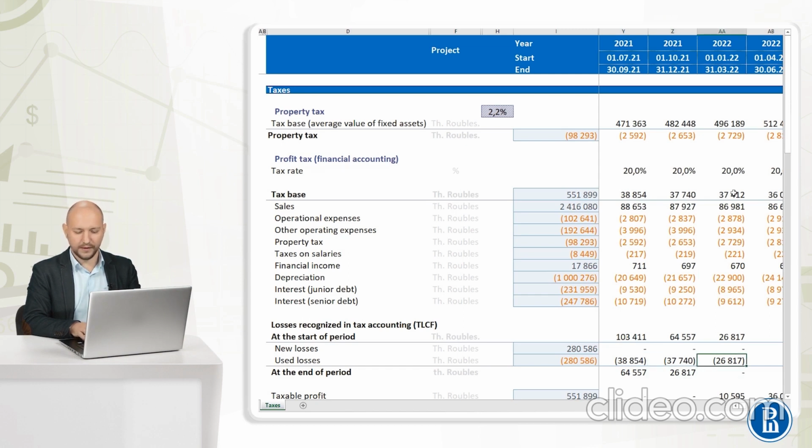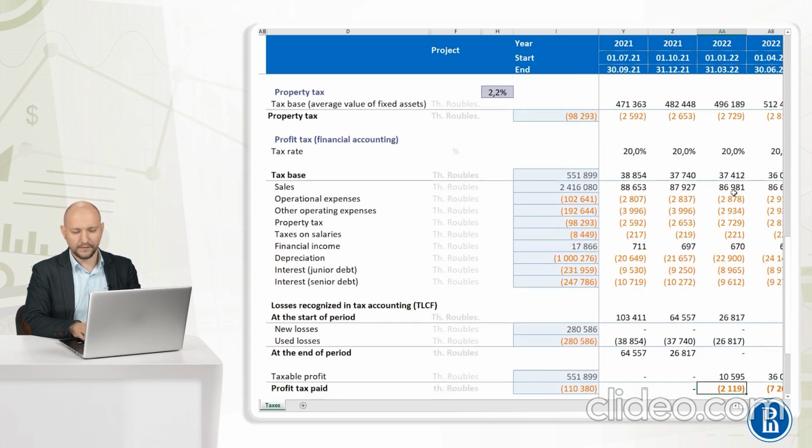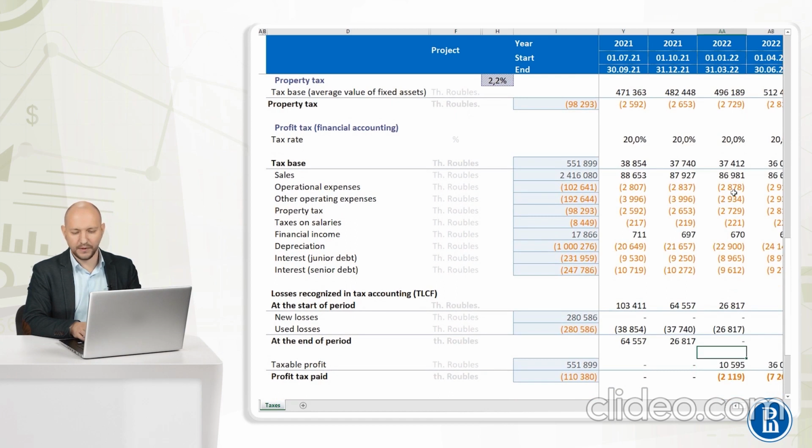We use the last amount of it, which is equal to 27 million rubles. But still, as our tax base is higher than our balance of tax loss carry forward, we have some taxes to be paid.